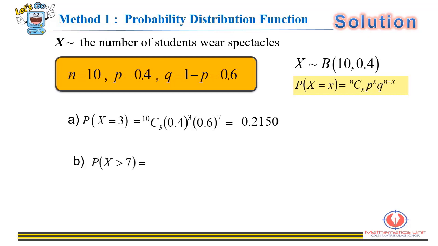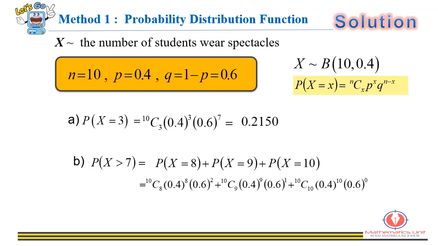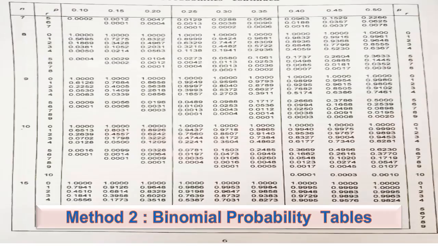That means I'm going to find the summation of the probability of 8 students, 9 students and 10 students wearing spectacles. Again we substitute the corresponding values, so we get the probability as 0.0123.